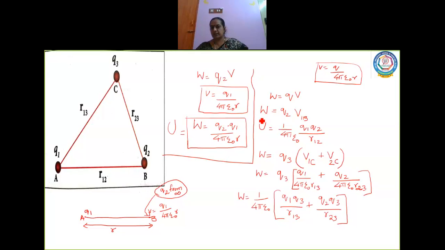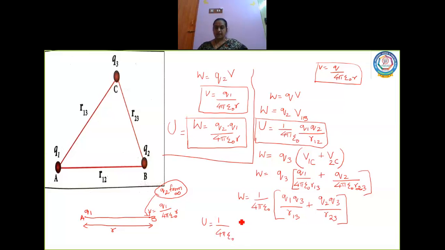See here, this I have to compare. Now add all these things. So what will be the total electrostatic potential when bringing three charges to a system? So what will be the total potential energy now? U is equal to, in all these three, 1 by 4 pi epsilon naught is common, right?